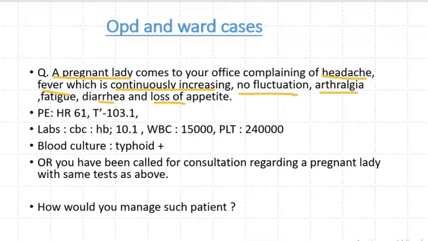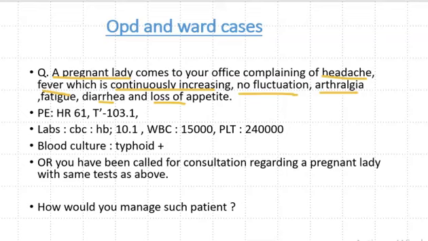So let's suppose you do a physical examination and you find that the heart rate is 61 and the temperature is high. So it means the patient has relative bradycardia. You order the lab, CBC, which shows hemoglobin is anemic at 10.1, WBC is raised to 15,000 and platelets are normal.